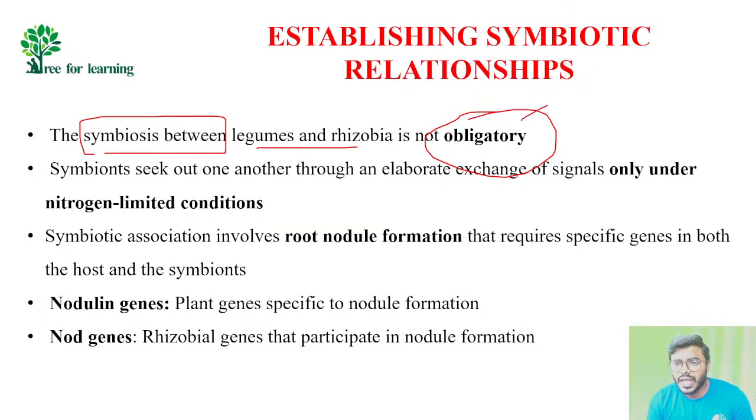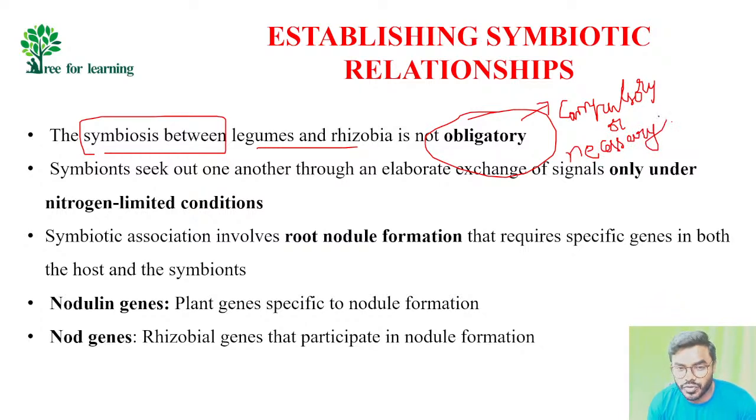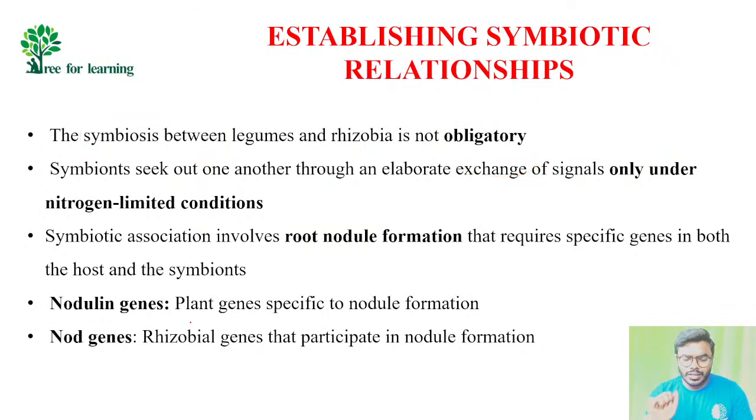See, friends, what exactly does obligatory mean? Obligatory means compulsory or necessary, right? Don't confuse. But just think, do you think bacteria and the leguminaceae plant have to maintain the symbiotic association every single time?